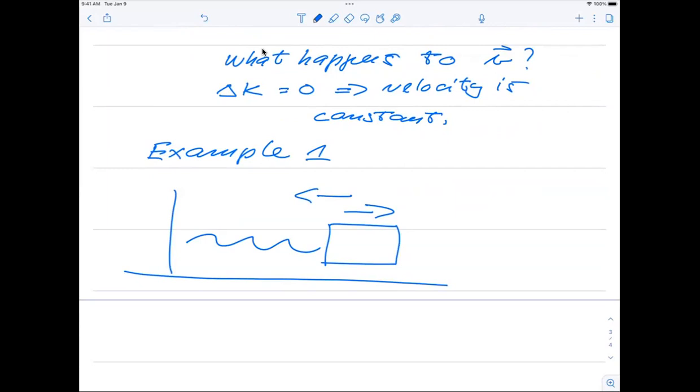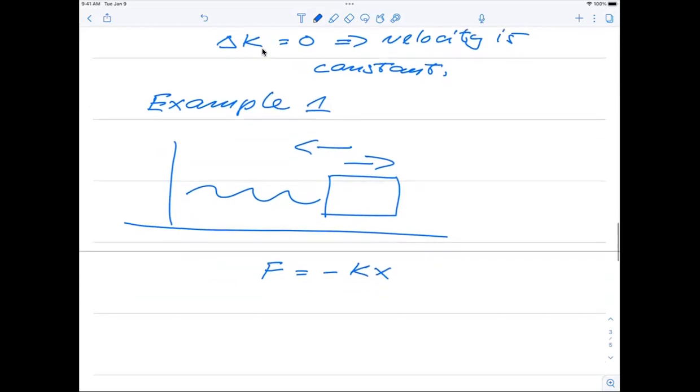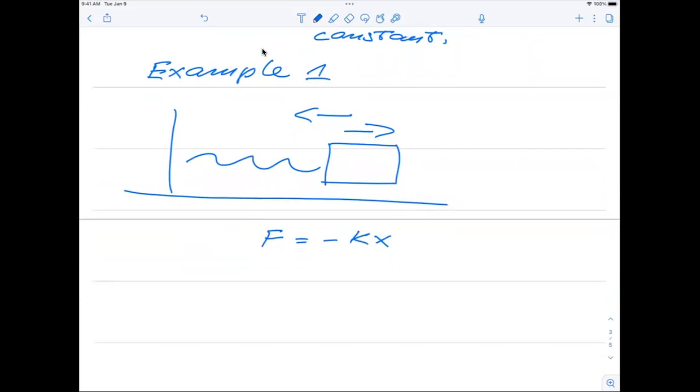What we said last week is that the force which acts on this object, and now I'm taking away the vector signs, because the force does not depend on any two or three-dimensional quantities, so we can just put in constant scalars here. F is equal to minus k times x, where k is the spring constant.